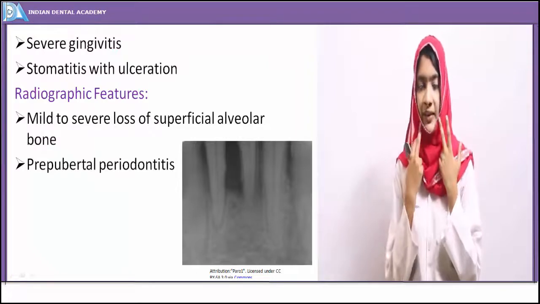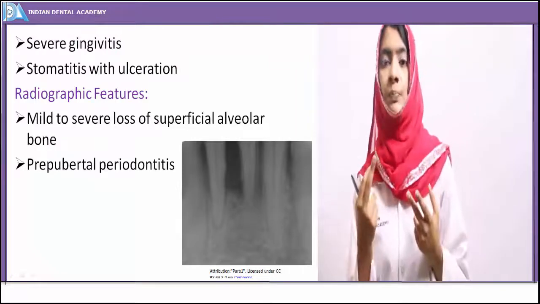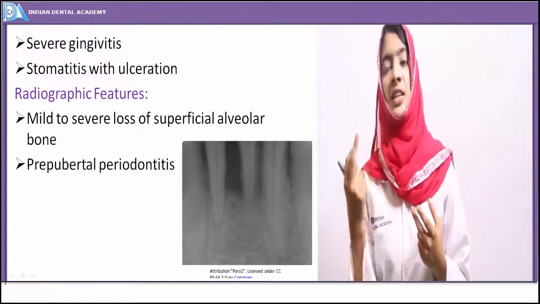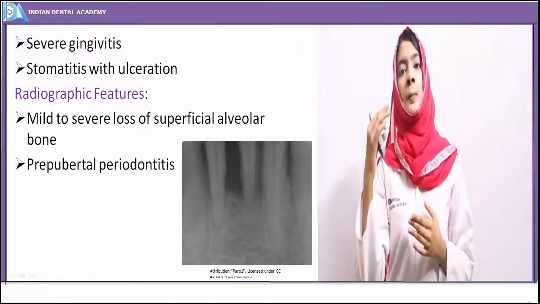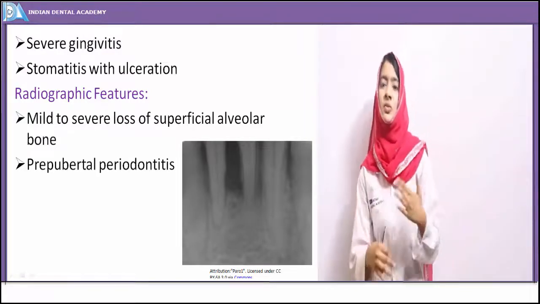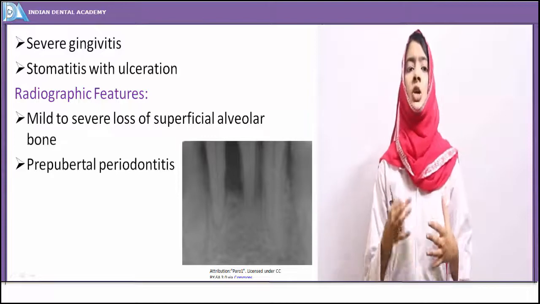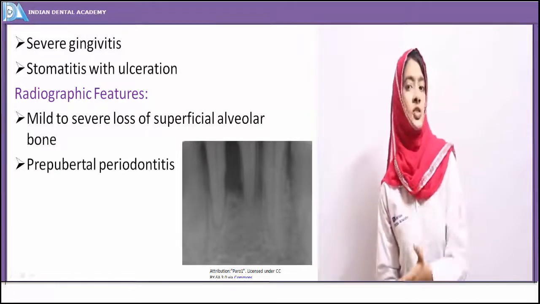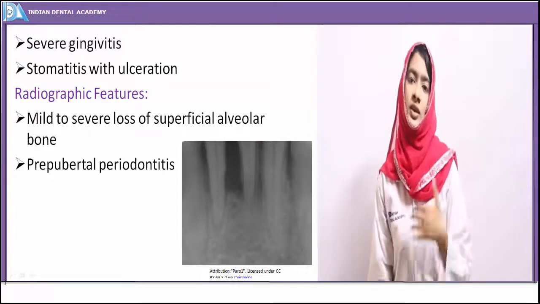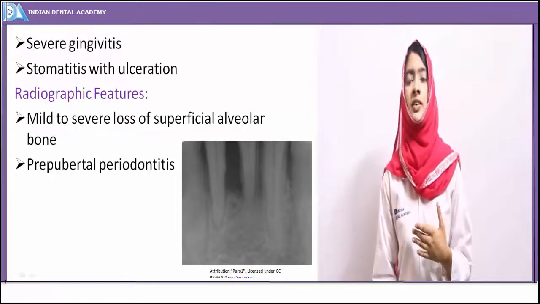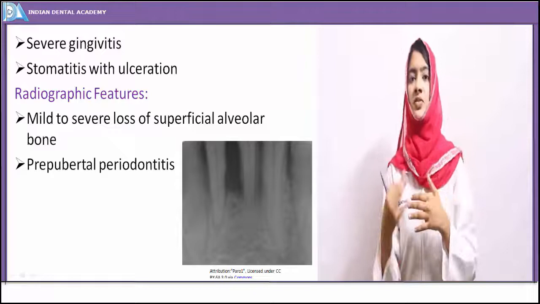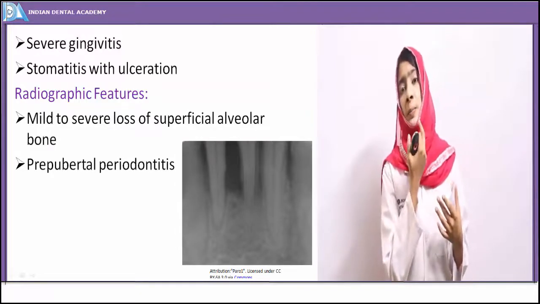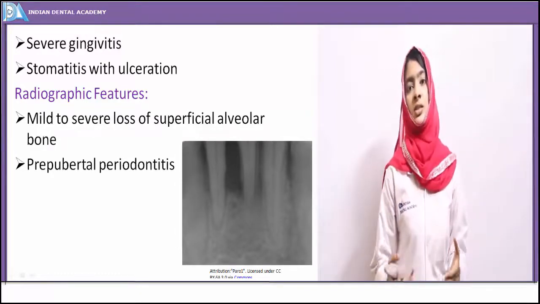When you see the oral cavity specifically, you see the appearance of gingivitis, and this gingivitis appears in a periodic fashion. Regularly the patient will be suffering from gingivitis. In the first week he'll have gingivitis, the next week the disease will regress, and the next week again he has symptoms of gingivitis. With such recurring periods of gingivitis, periodontal breakdown occurs.